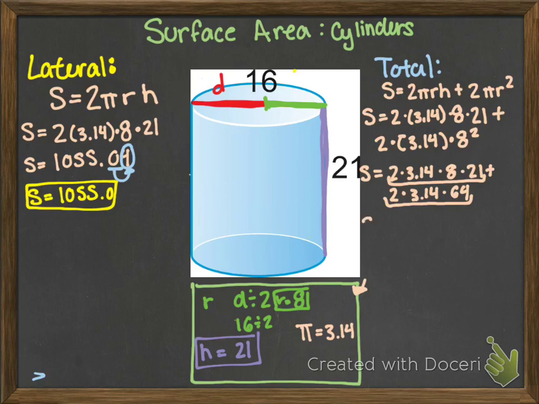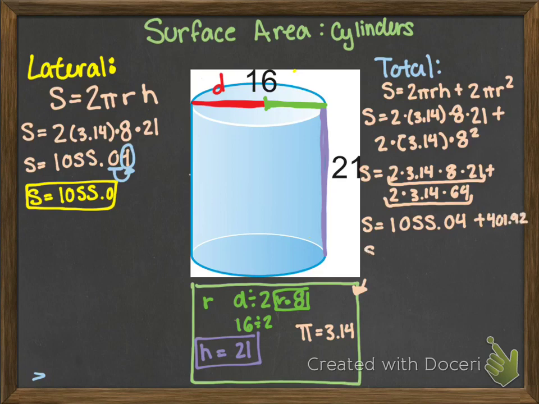So I'm going to multiply this first part first. So 2 times 3.14 times 8 times 21. I find that that is 1055.04. Put your plus sign down. Now I multiply the other side of the plus sign together. So 2 times 3.14 times 64, and I get 401.92.